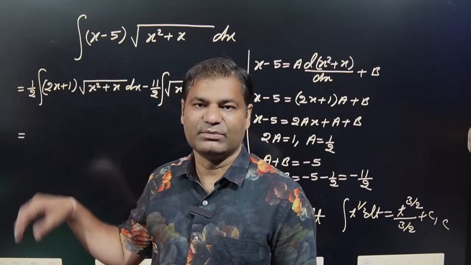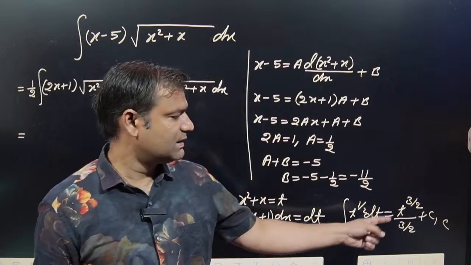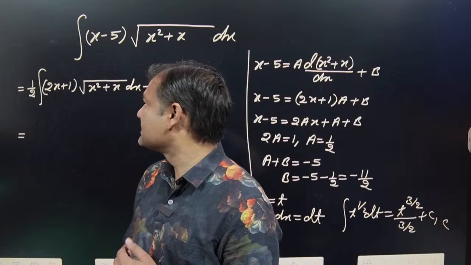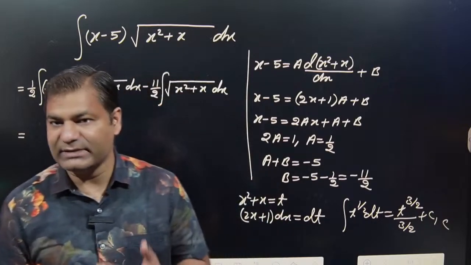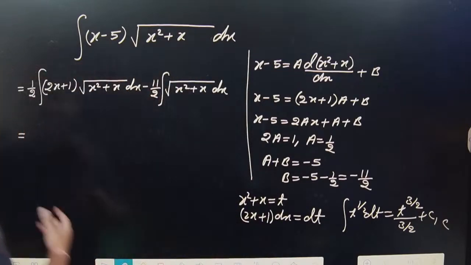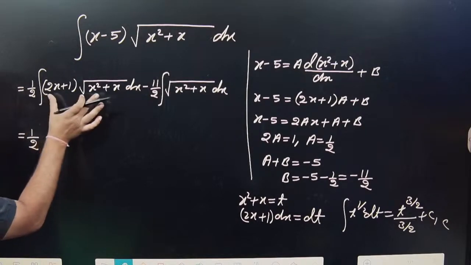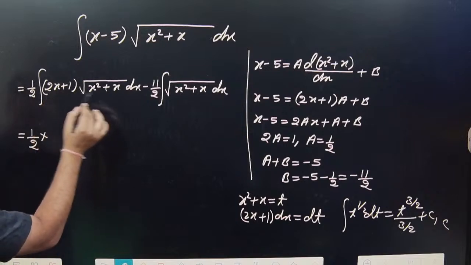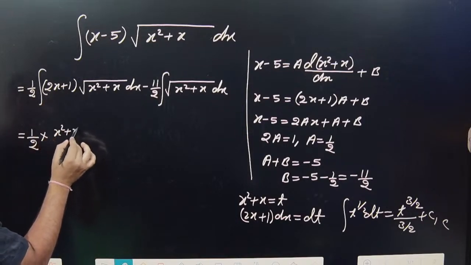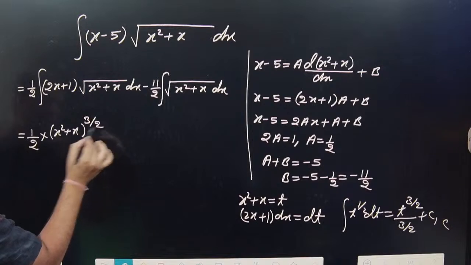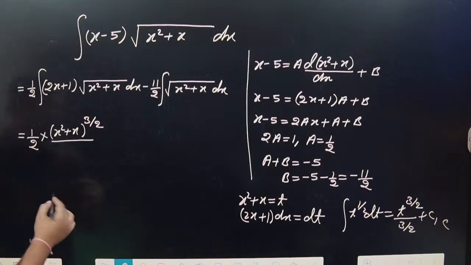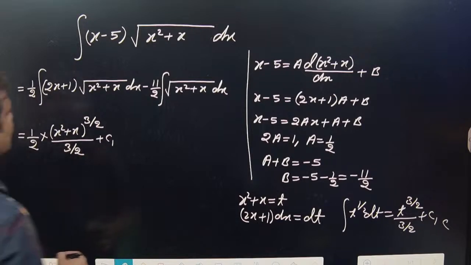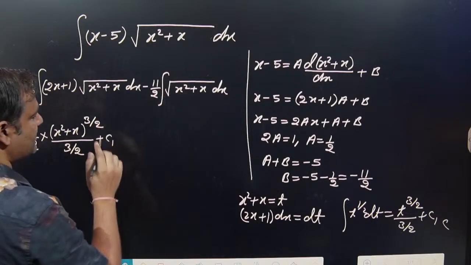So the integration of this one is written here as t to power 3 by 2 divided by 3 by 2, that is, x square plus x to the whole power 3 by 2 divided by 3 by 2, and a constant c1. Now after that we focus on how to solve this type of problem.